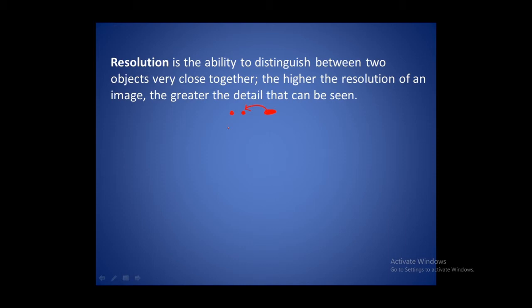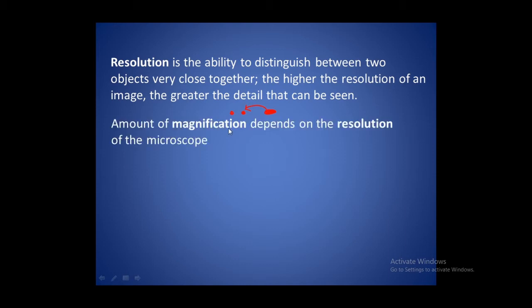Now the magnification which we are doing depends greatly on the resolution of the microscope. If you try to magnify beyond the limit of the resolution of the microscope, then the image that we see will be blurred. It is not the same as a photograph.